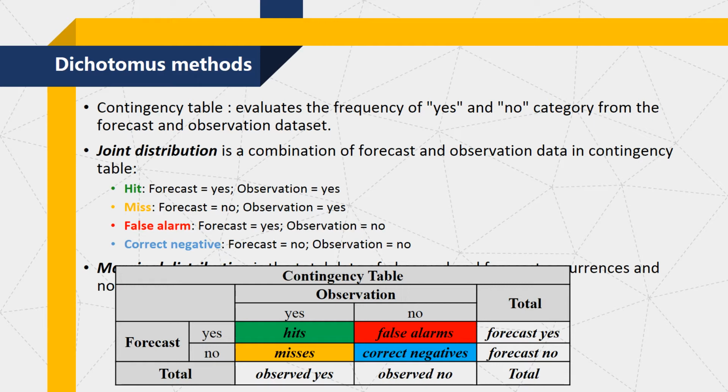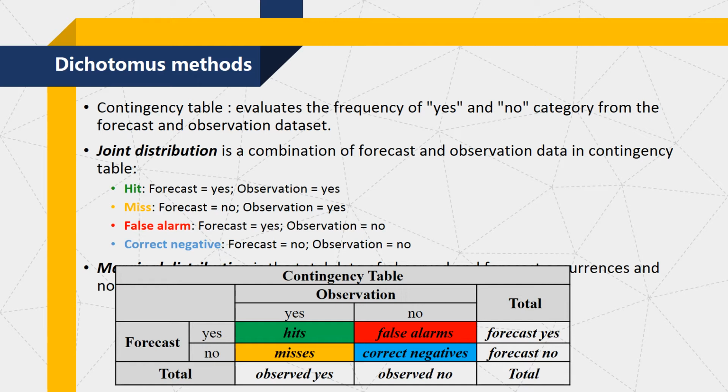We will have a miss if the forecast says no and the observation says yes. It explains that the model missed identifying the signal. And then we will have a false alarm if the forecast says yes, but in real conditions there is no occurrence.